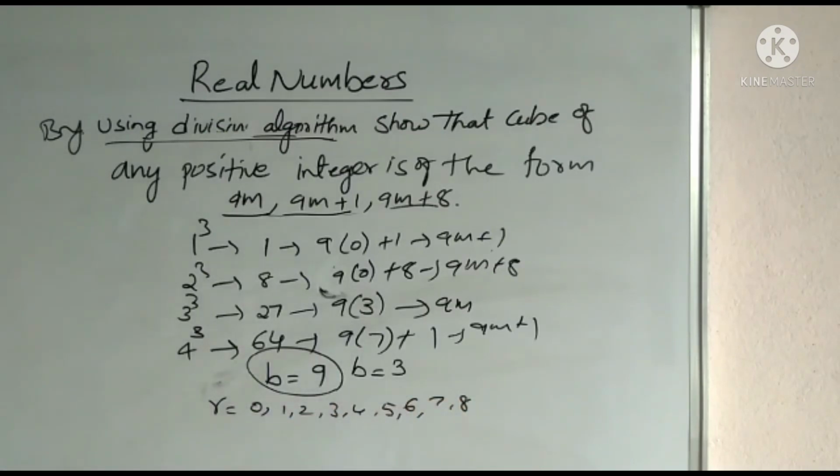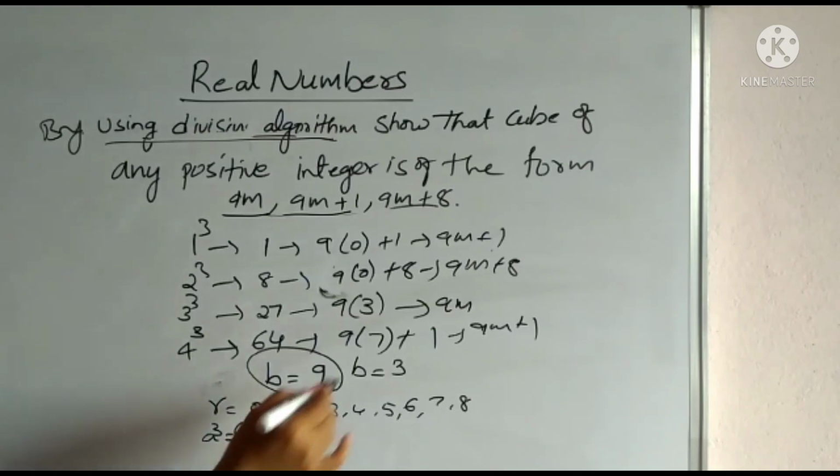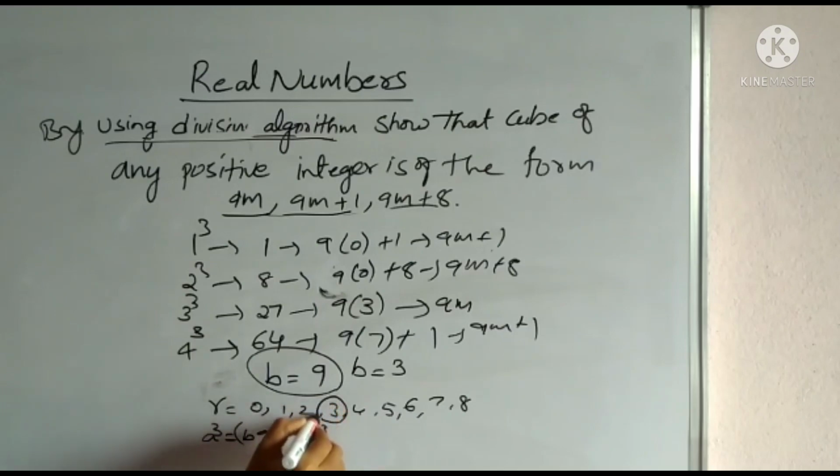So every value we should substitute in a equal to bq plus r, and again we have to cube this. So the problem becomes lengthy, right? So for that purpose we will take b equal to 3, and 3 is the divisor of 9 here. So in this problem we will take b value as 3.